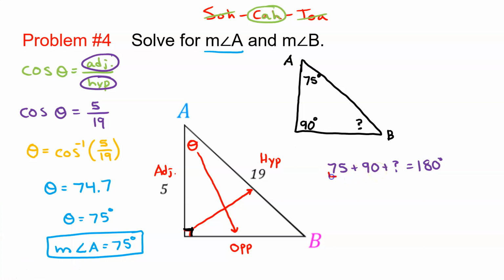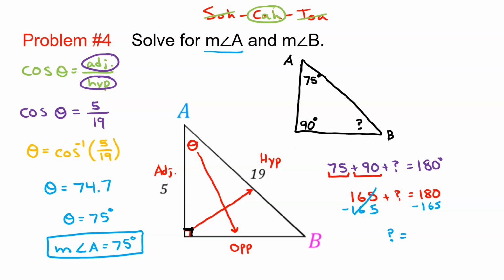That is 165. Plus my question mark here is equal to 180. If we subtract 165 from both sides, we'll end up with that missing angle. That question mark is equal to what's 180 minus 165. That is going to give us, what is that, 15? 180, let me just double check.